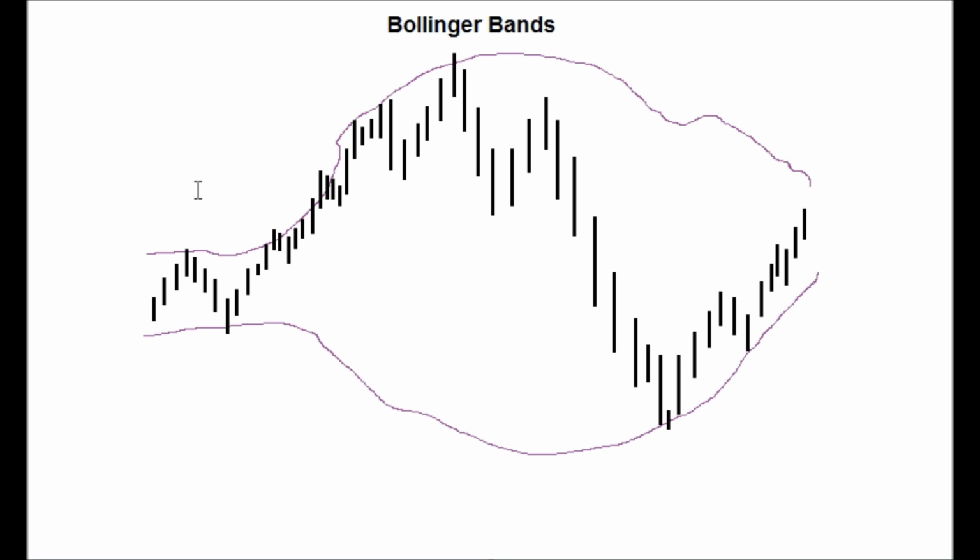So basically they are measurements of volatility. When the bands are wide, the price swings are quite wild, so you can say it's volatile. When they're quite narrow, things have calmed down a little bit. But we'll go through this in the video. They act as price targets.